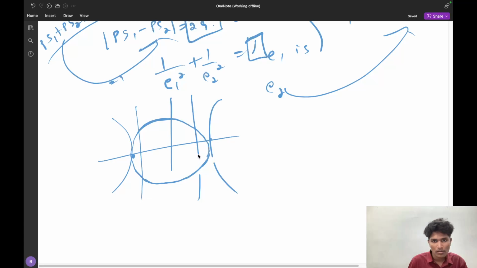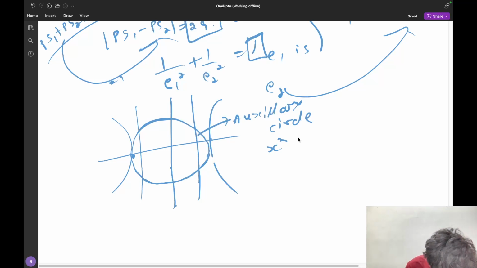Yes, this circle is called the auxiliary circle. And what is the equation of the circle? x square plus y square equal to a square.